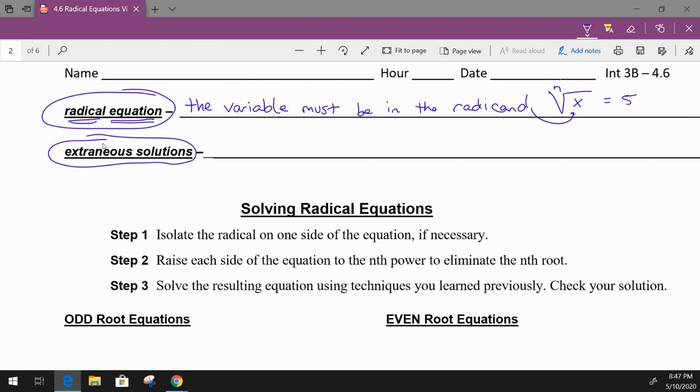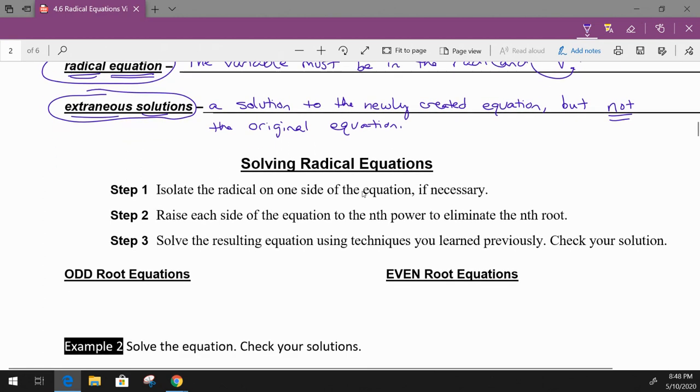So an extraneous solution is a solution to the newly created equation, but not the original equation.